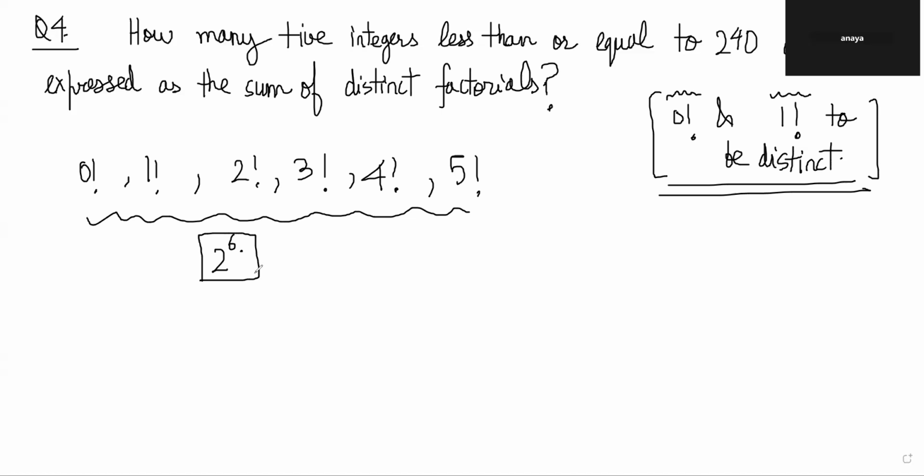The problem is that if it was just the numbers which are possible to be written as sum of 3 factorial, 4 factorial, 5 factorial, there is no problem. Answer is 8, because when you add any combination of these, they are giving a different number.